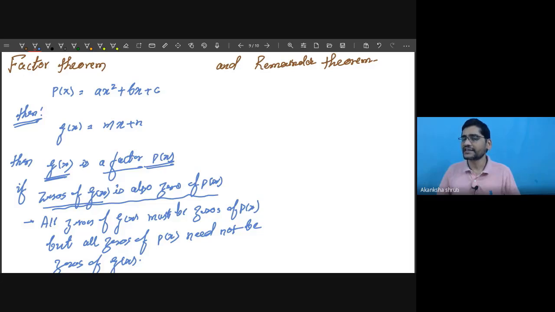For that, first take the zero of g(x) and substitute it in p(x). If the value of p(x) comes out as 0, then the zero of g(x) will also be a zero of p(x). As a result, g(x) itself is a factor of p(x). So that is one thing.